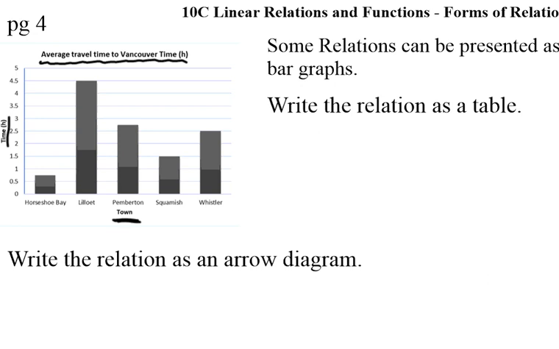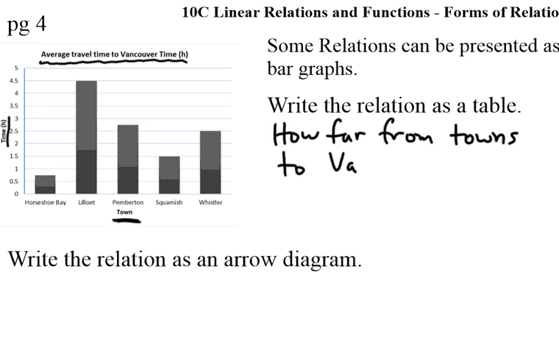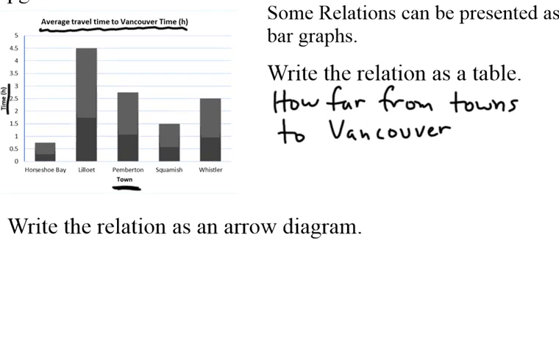So what's the relation in this table? How far from towns to Vancouver? That's the relation that we can see. And it's presented as, in this case, a bar graph.